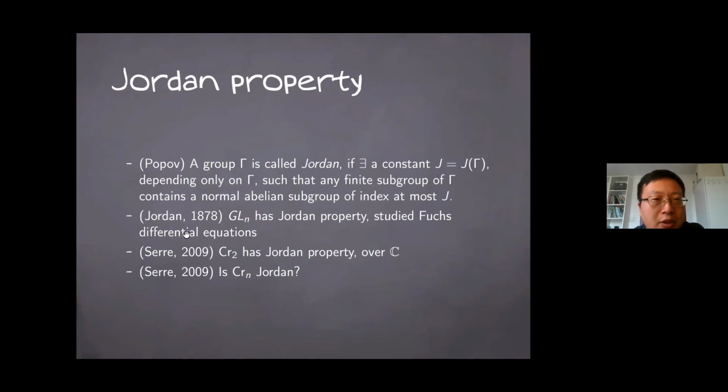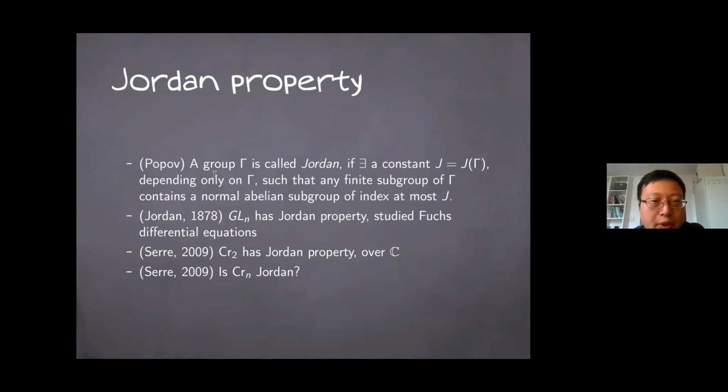In this talk, we are interested in a special property of these automorphism groups or birational automorphism groups, called the Jordan property. Let me introduce this property. Popov gave this name.